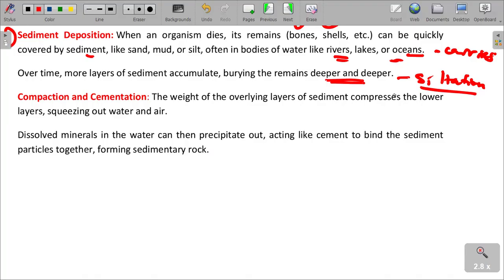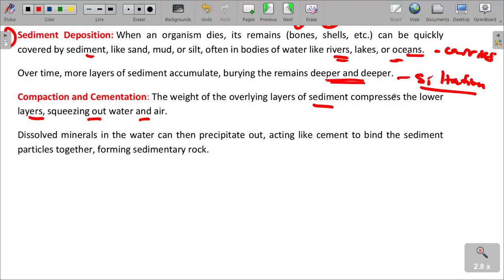Then there is compaction and cementation. The weight of the overlaying layers of sediment compresses the lower layers, squeezing out water and air. That is why we also talk about the formation of sedimentary rocks.